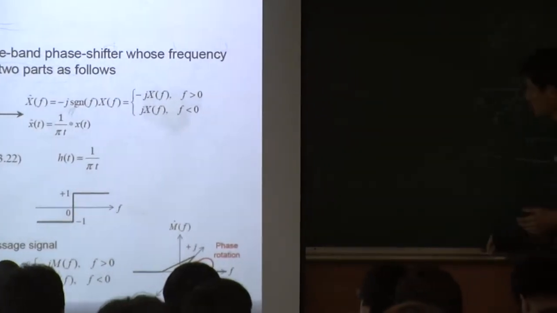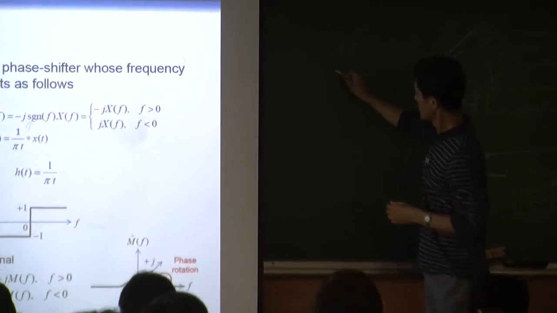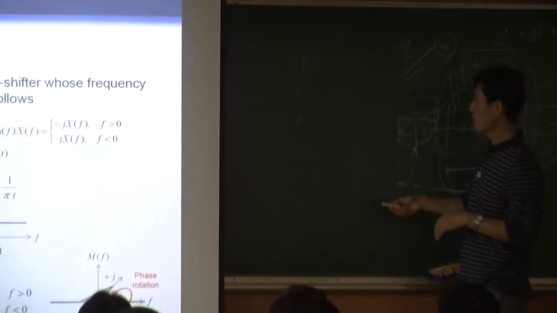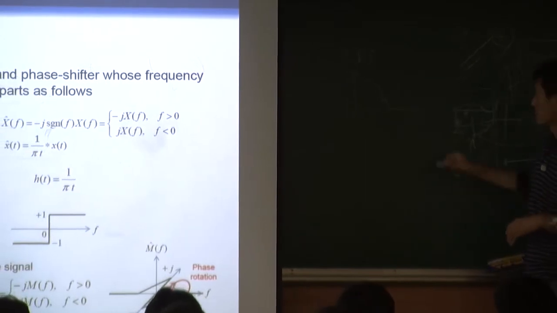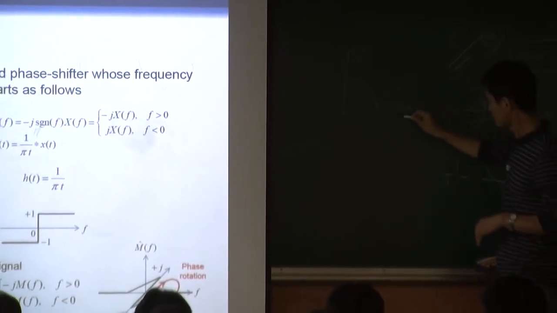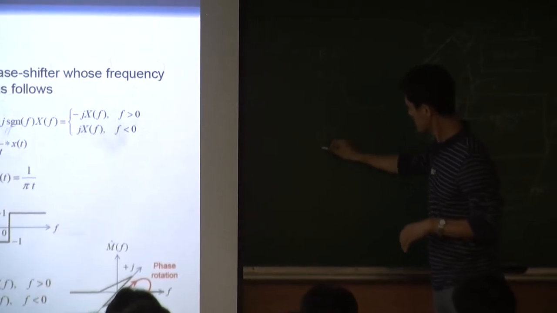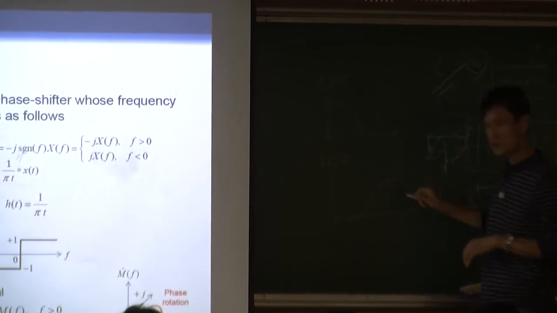So let's say low pass filter. When you draw the frequency response of a low pass filter, it typically looks like this, right? And a high pass filter typically looks like this.